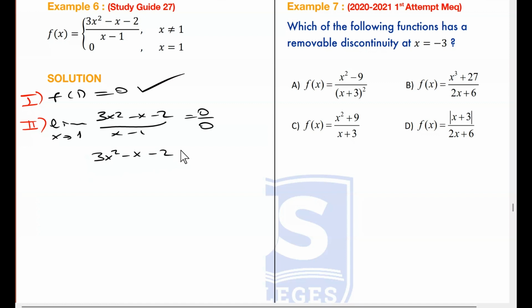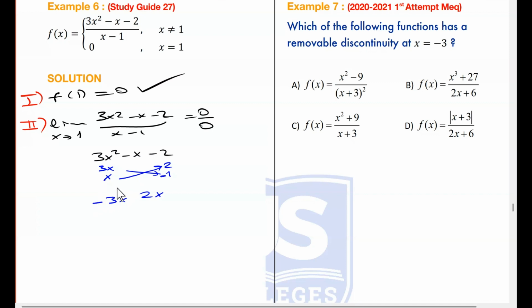Let's do factorization here. 3x squared can be factorized as 3x and x, negative 2 as 2 and 1. One of them will be minus. 3x times 1 is 3x, x times 2 is 2x, and the middle term is negative, so 3x should take the negative. If 3x is taking negative, then 1 will take negative.